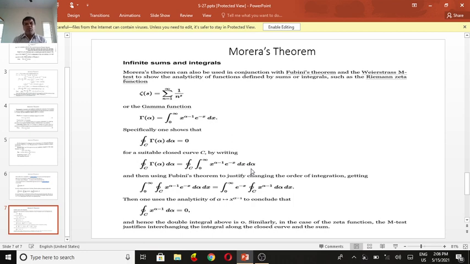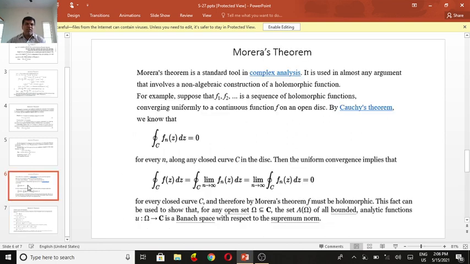We get that. So this is a simple form of Morera's theorem as a tool in complex analysis. Morera's theorem is very applicable in the field of complex analysis.